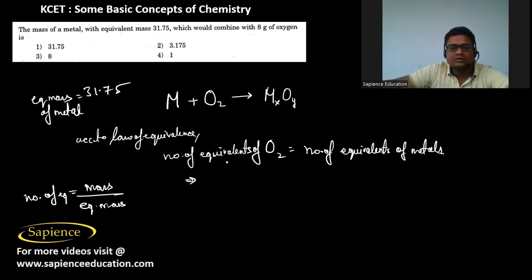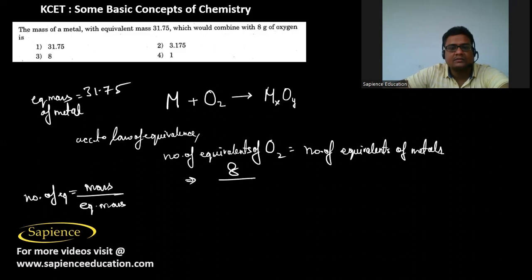Now the number of equivalents of oxygen will be equal to 8 gram divided by the equivalent mass of oxygen.